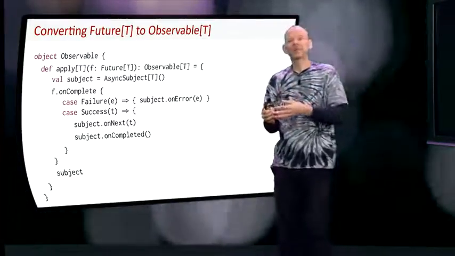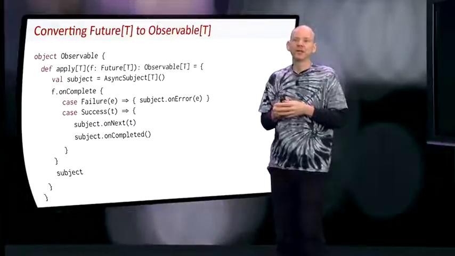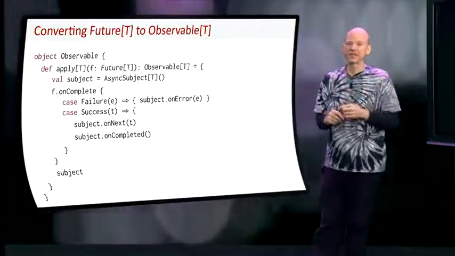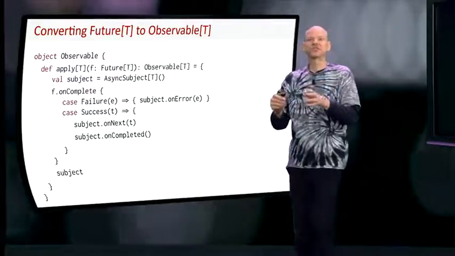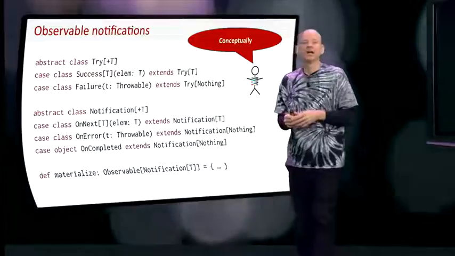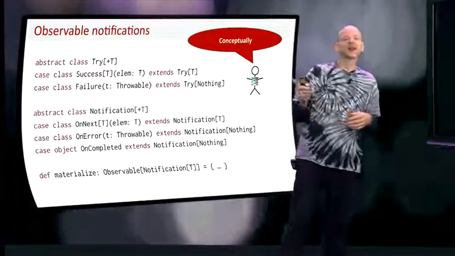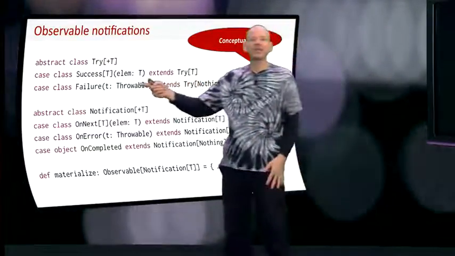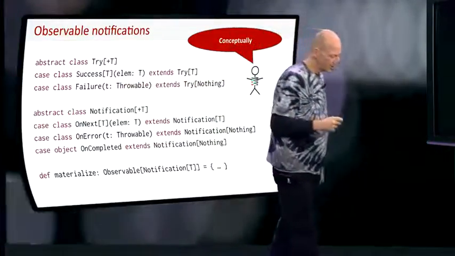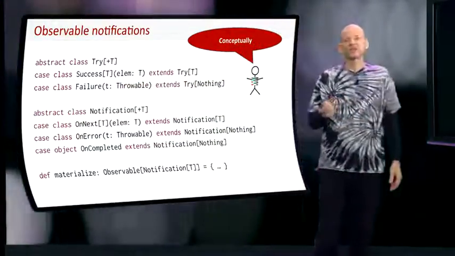The Rx library has most of these operators where all the details are taken care of for you, such that you don't have to worry about that. Now, the other thing, if we look at the class Try[T], what we see is that the two cases of success and failure were represented by data structures.